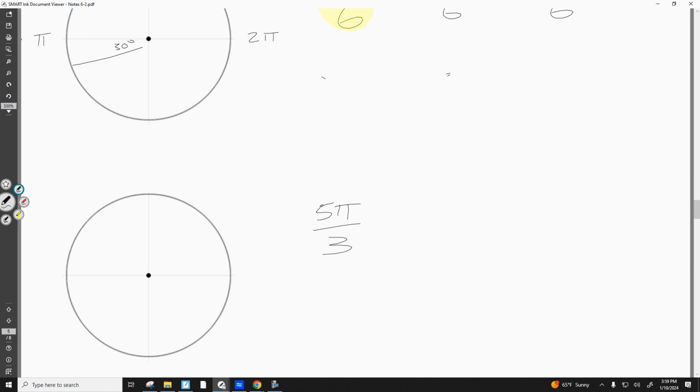Oh, okay. I like what you did, but eventually we're going to just forget about the degrees. Now, guys, the fact that this is equivalent to 300 degrees is actually not important.